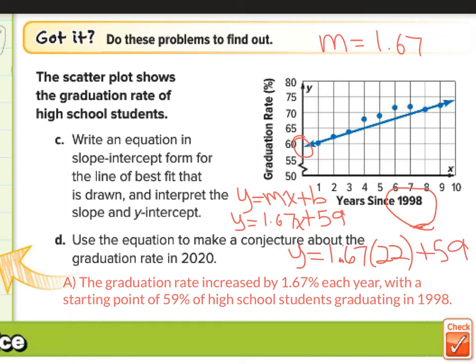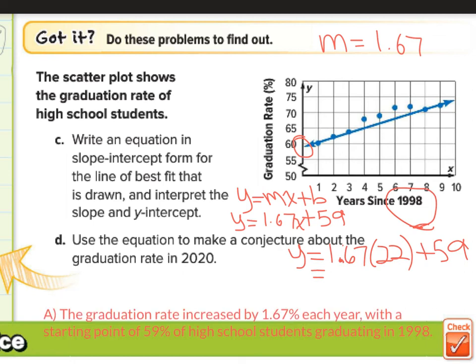So when I do that, I get 95.74, and that's percent of graduates. And that's after multiplying 1.67 times 22 plus 59. So that gives me almost 96% at an increase of 1.67% per year.